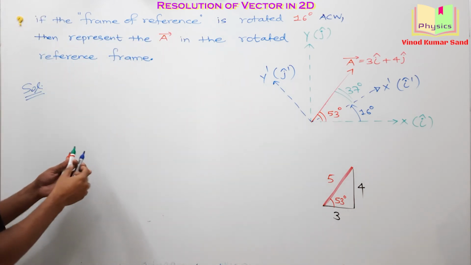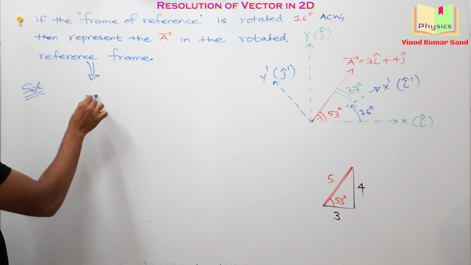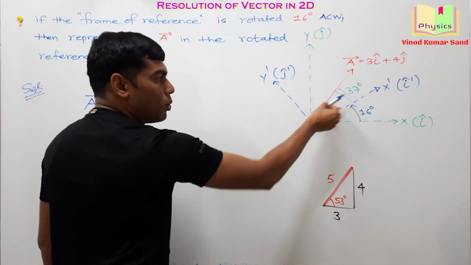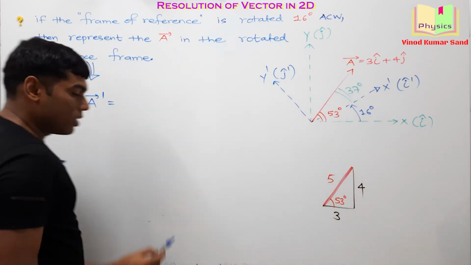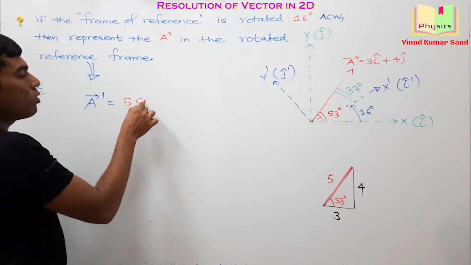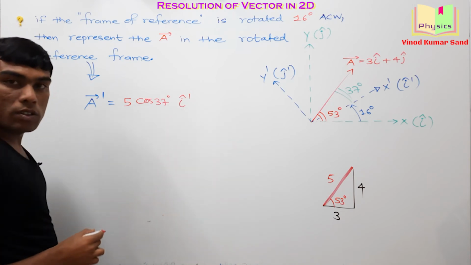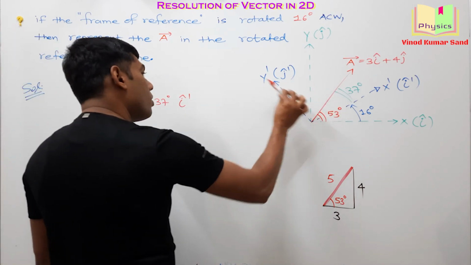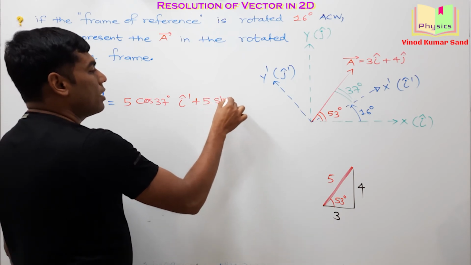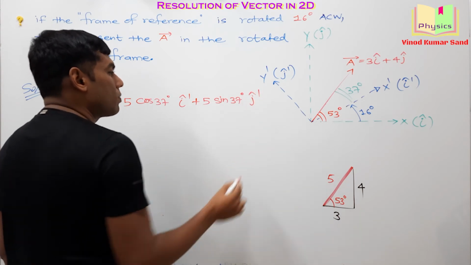Now representing the vector in the new reference frame, we will write it as A dash. The A dash will have a component along x dash. That component will be equal to 5 cos 37 degree i cap dash, and the component along y dash axis will be 5 sin 37 degree j cap dash.